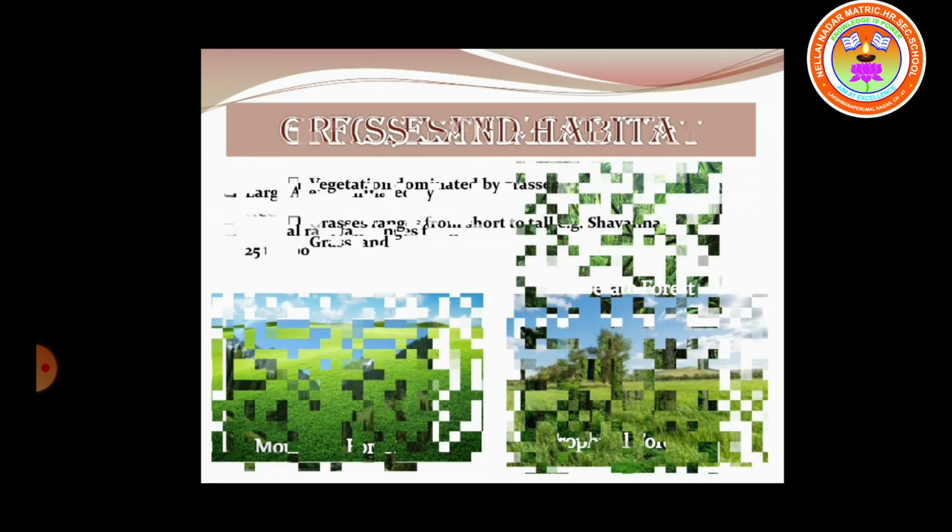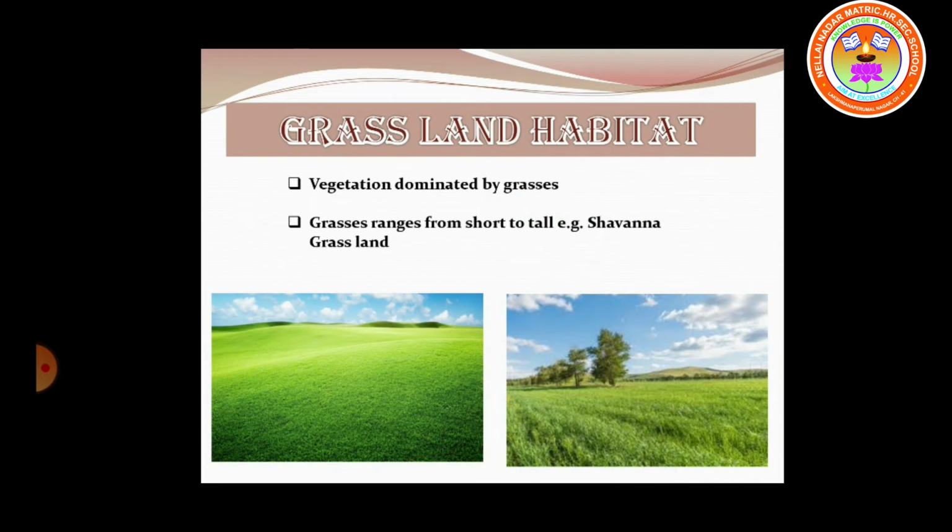Next, we'll move on to the grassland habitat. Grassland is an area where vegetation is dominated by grasses. These grasses range from short to tall.